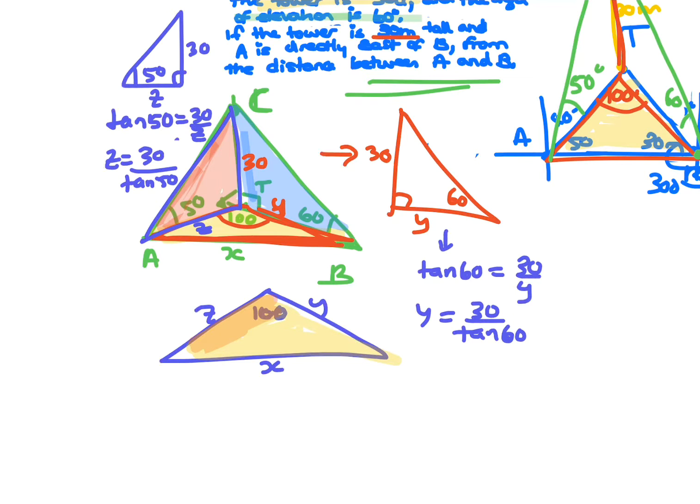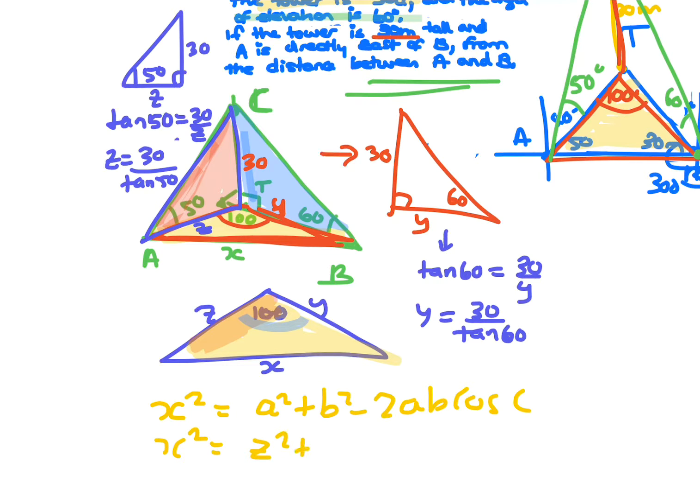Looking at that one, it's got one angle, so we can actually use the cosine rule. So x squared equals a squared plus b squared minus 2ab cos C. So x squared equals z squared plus y squared minus 2 times z times y times cos 100.